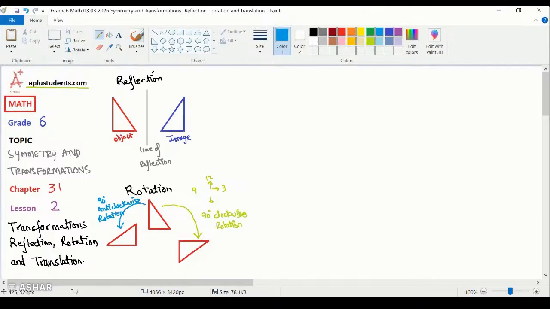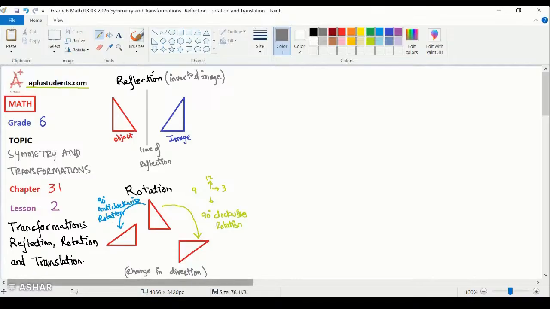Okay. So in rotation, the direction is changed. In reflection, we have an inverted image. In rotation, we do change the direction. The image stays exactly the same, but only the direction is changed.